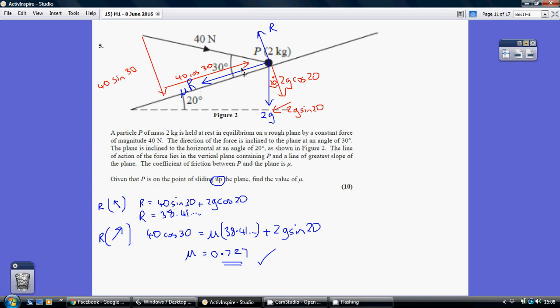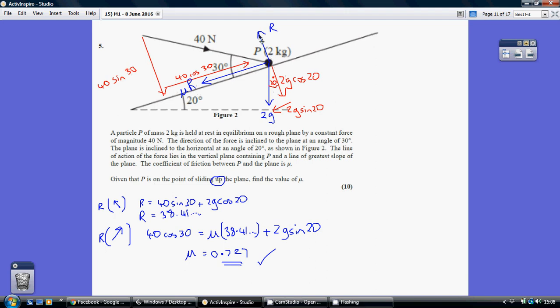and then I think it's fairly straightforward. So I need to end up resolving up and down the plane, but given that friction is one of the components, I have to kick off by resolving perpendicular to the plane, because I'm going to need to know what R is, because that's a component of the friction.